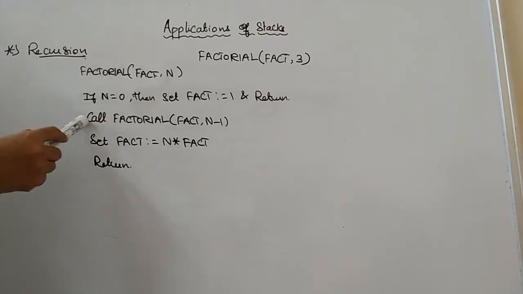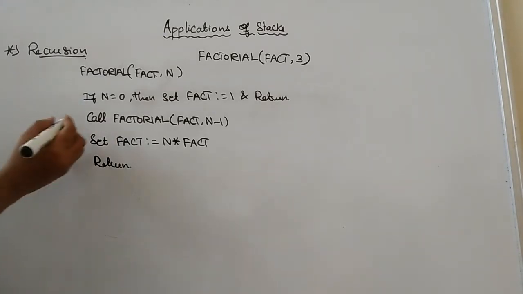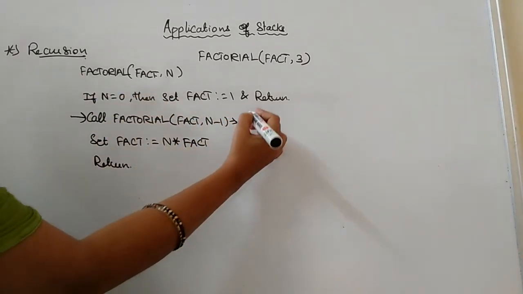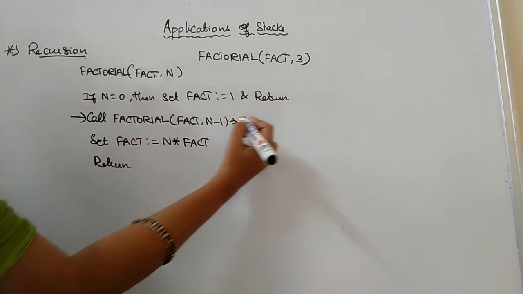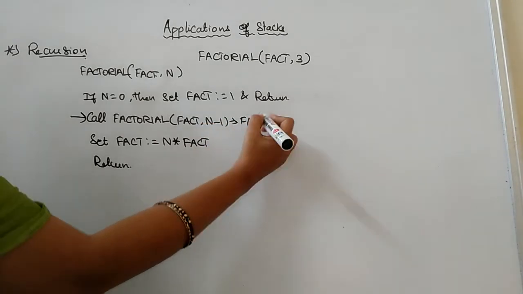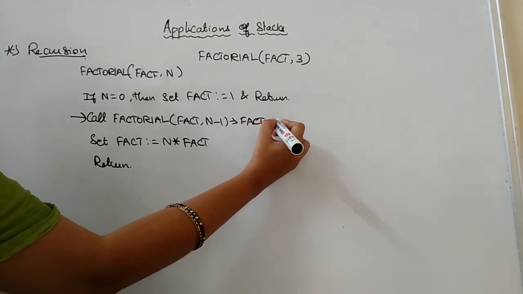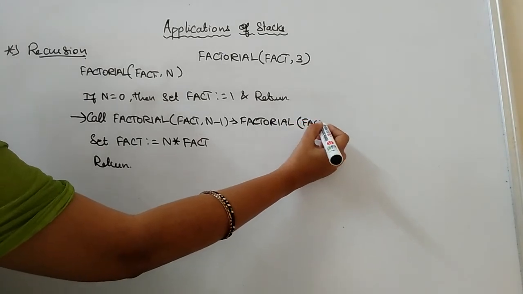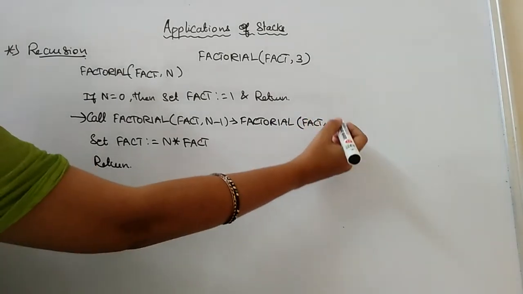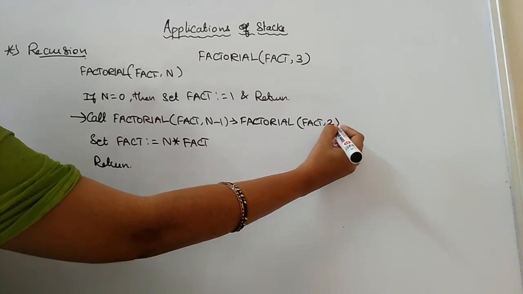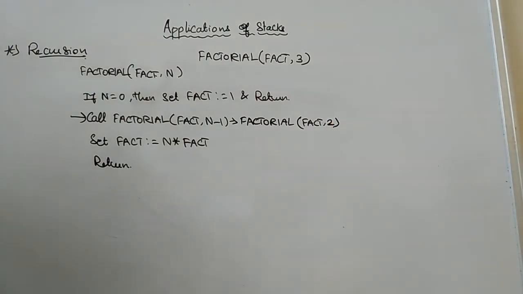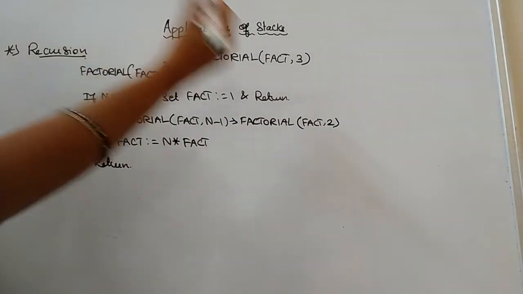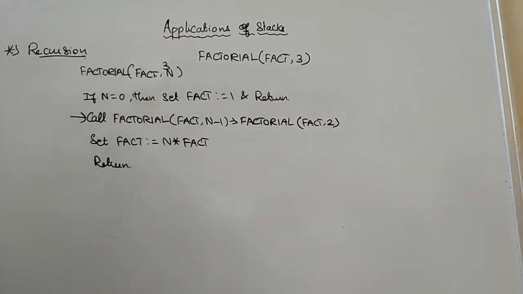The program control comes to this place where we call factorial of fact comma n minus 1. N minus 1 means 2. So you see here, 3 is calling 2.